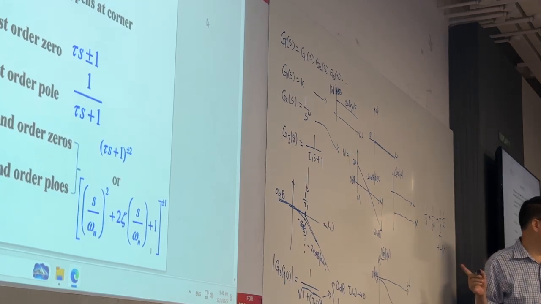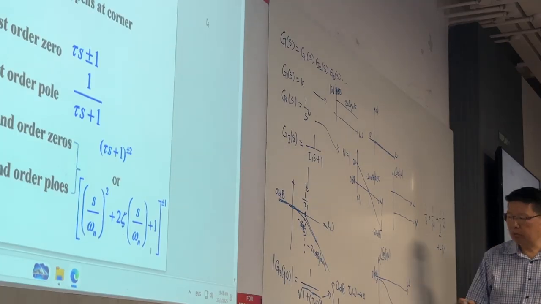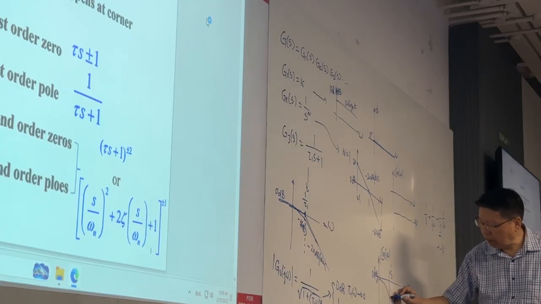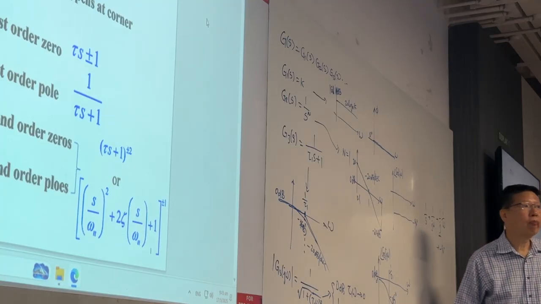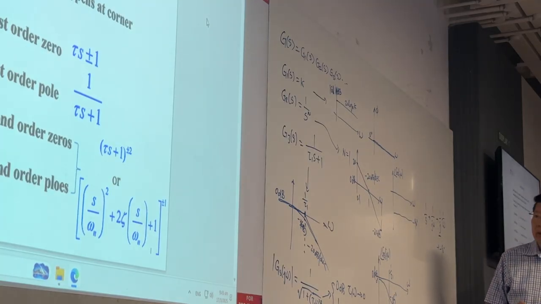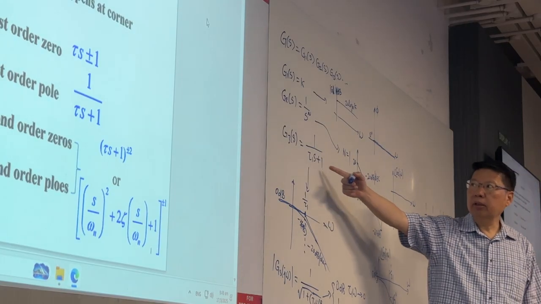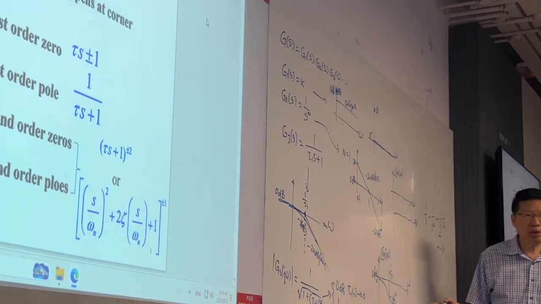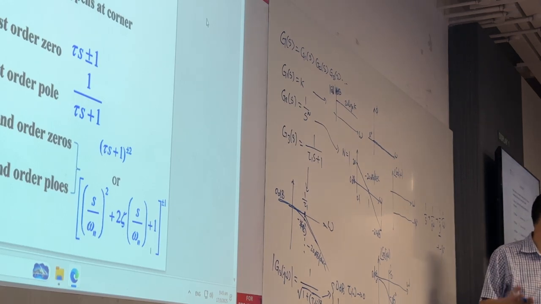When you use the table, you will find this is the one. At this 1 over tau, this is minus 45 degrees. Okay. This can be proven also using the frequency response. You can show this is the case, using the same idea of these approximations.